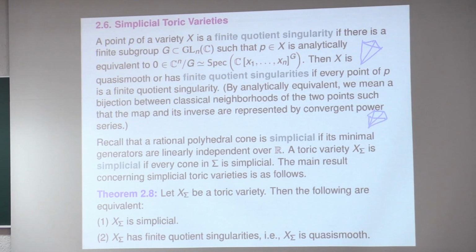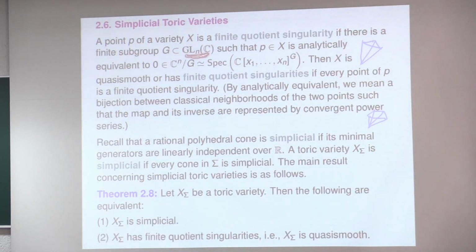Then I remind you of this definition, or present it to you for the first time if you have not seen it before, something about singularities. A point in a variety is a finite quotient singularity if you have a finite subgroup of the invertible matrices over the complex numbers, so that an analytic neighborhood of your point looks like quotienting this affine space by the action of that group, where the action is by multiplication by these invertible matrices.